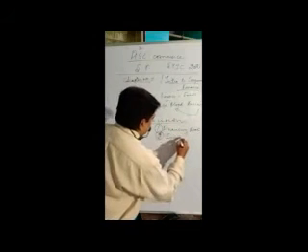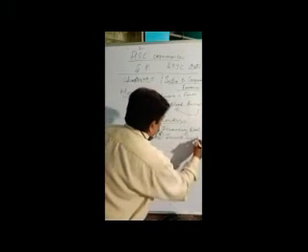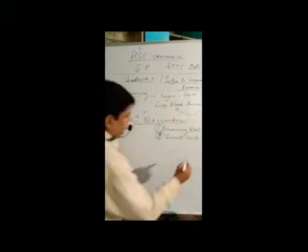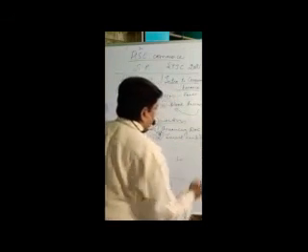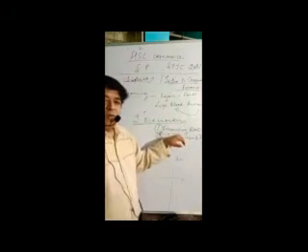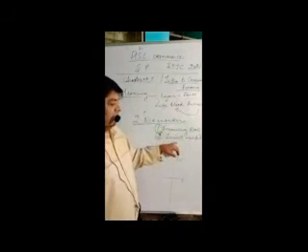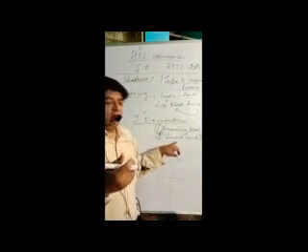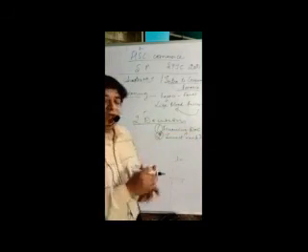Second is the investment decision, friends. What do you mean by both of this? From where will you get your finance, and then from where will you get this investment decision.